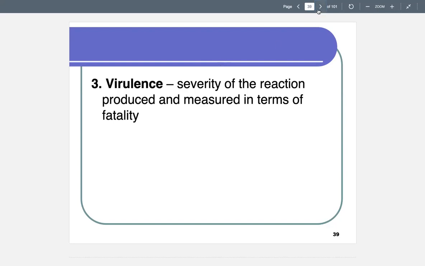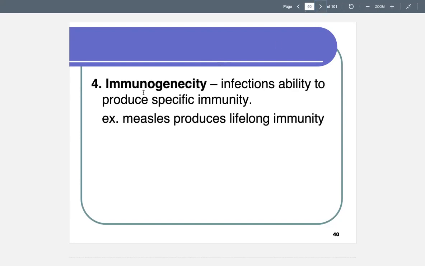Virulence. Last is the immunogenicity. This pertains to the ability of our body to produce antibodies. Organisms are called foreign substances, which means they are a sample of antigens.